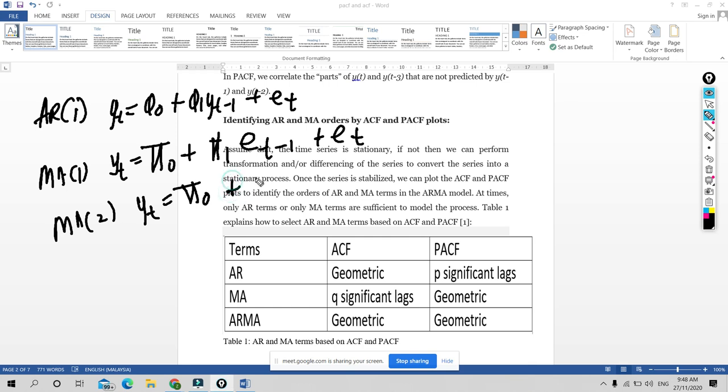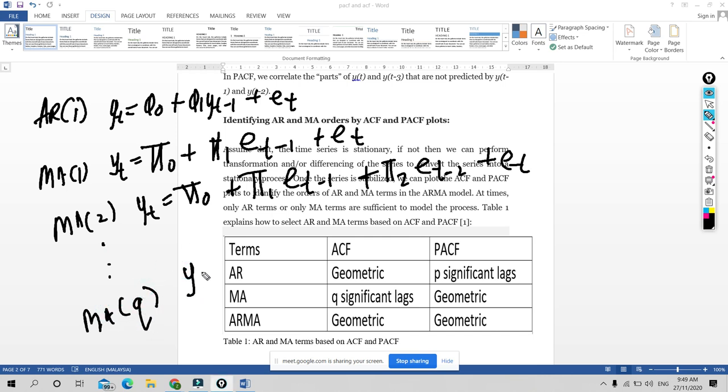Now, macam mana kita nak pilih, nak tentukan dia itu adalah AR ataupun MA model. Itu gunanya kita buat ACF and PACF plots. Okay. ACF and PACF plot. Now basically, kalau kita plotkan ACF and PACF, kita akan dapat gini.